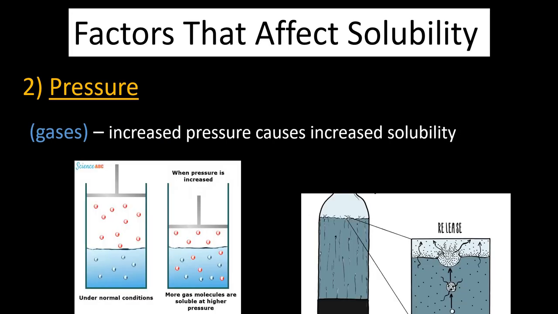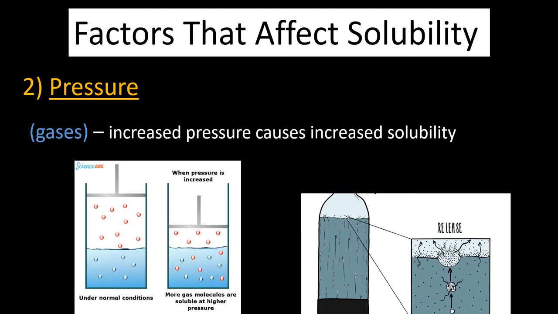Okay, now when it comes to gases, there is a huge change that happens because gases are easily affected by pressure. If you increase the pressure, you cause a significant increase in the solubility. And you can see on the left, you have the diagram of a gas and a liquid, and you have it kind of balanced.